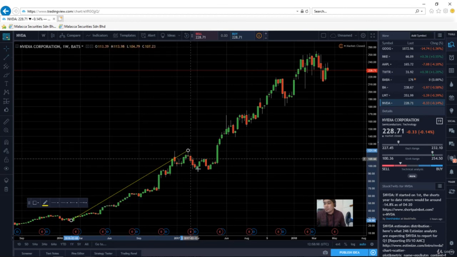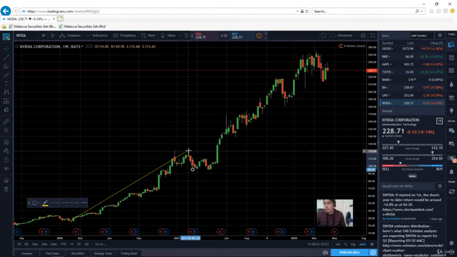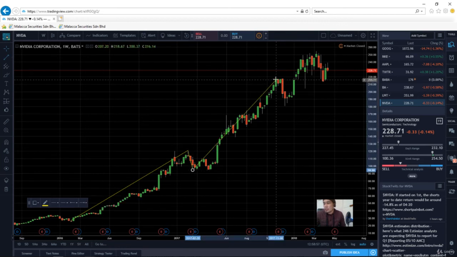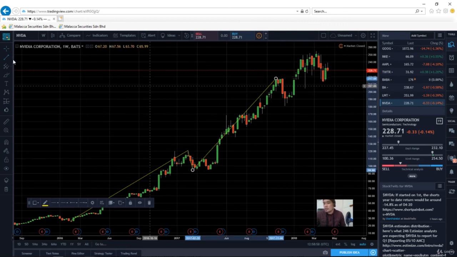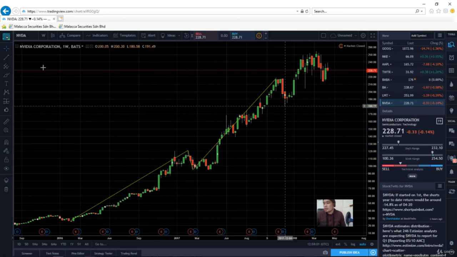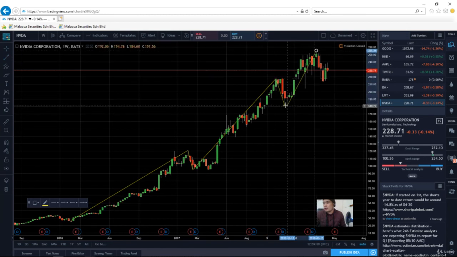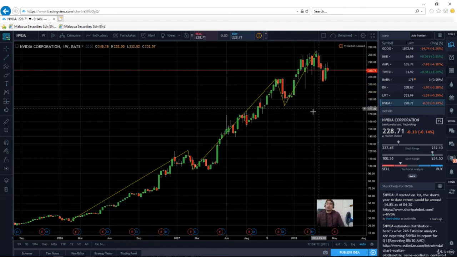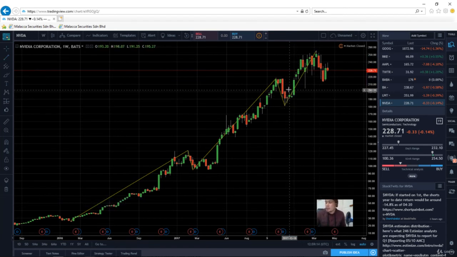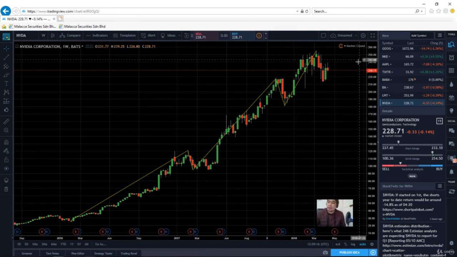So as we draw the line, we see for the possible retracement and draw the line. Okay, now what do we notice about the price trend?